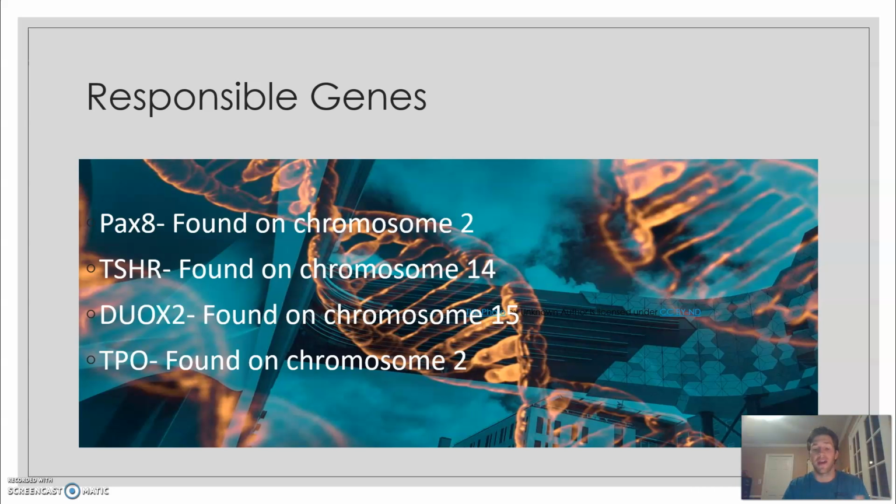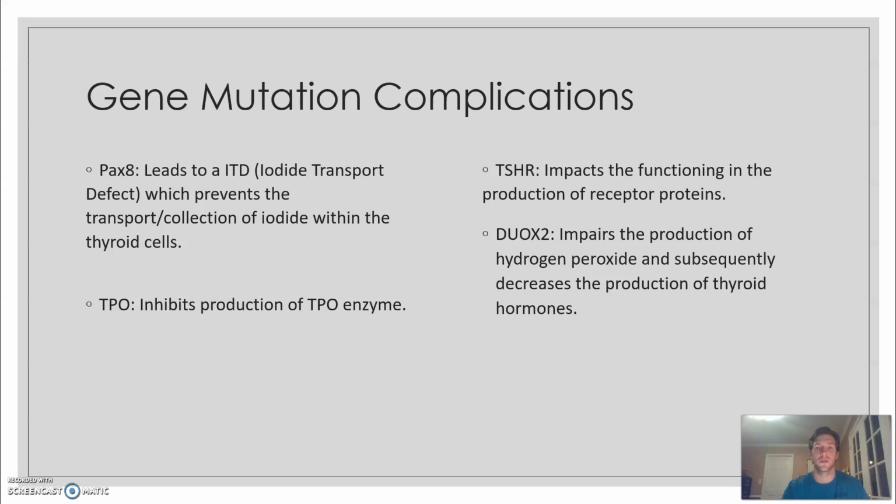The responsible genes are PAX8, also known as the paired box 8 gene. Next, we have the thyroid stimulating hormone receptor gene, TSHR, found on chromosome 14, and DUOX2, the dual oxidase activator 2 gene, found on chromosome 15. Lastly, the other main one is the thyroid peroxidase gene, TPO, on chromosome 2. These all, like we talked about earlier, are going to impact the T3 and T4 hormones in one way or another.